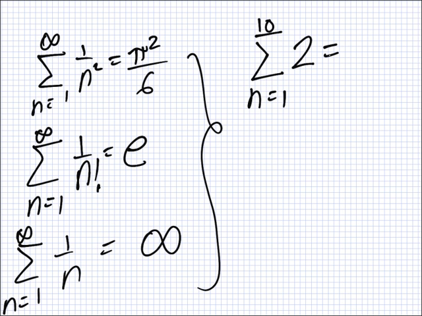What's it going to be? 20, yeah. Because it'll be 2 plus 2 plus 2 plus 2 plus 2. How many times? 10. So this will add up to 20 then. Yeah, 2 times 10.